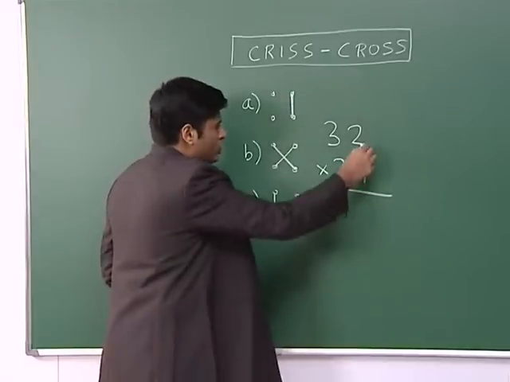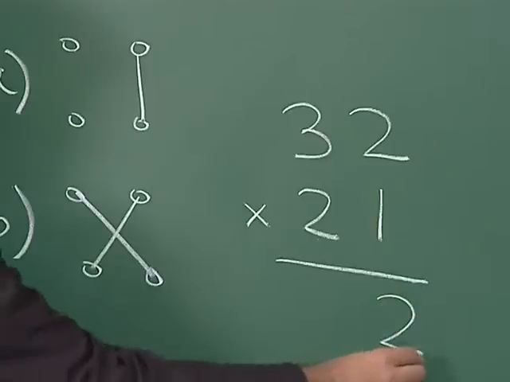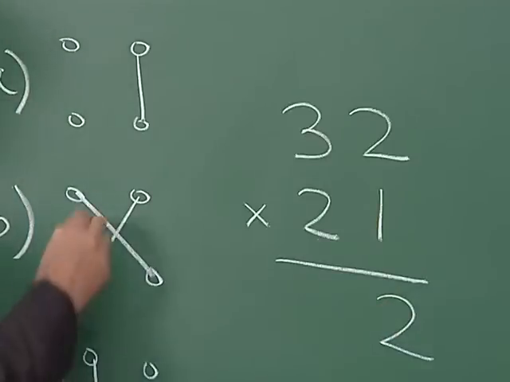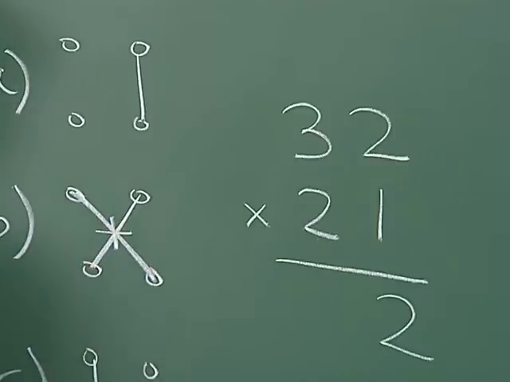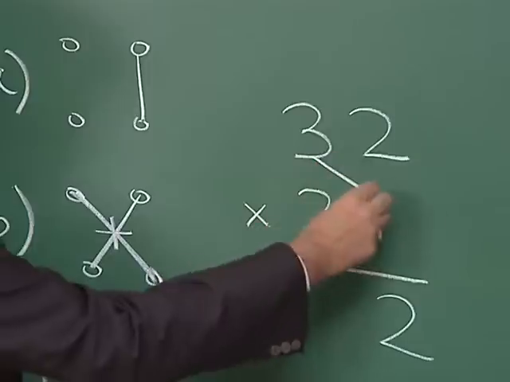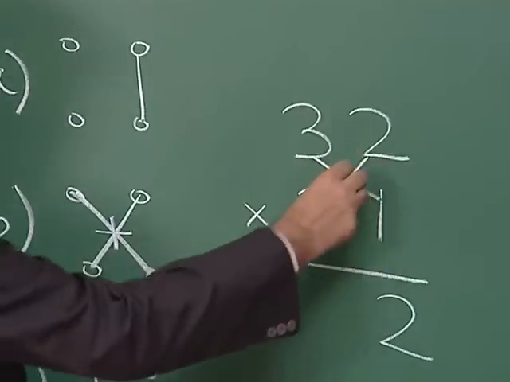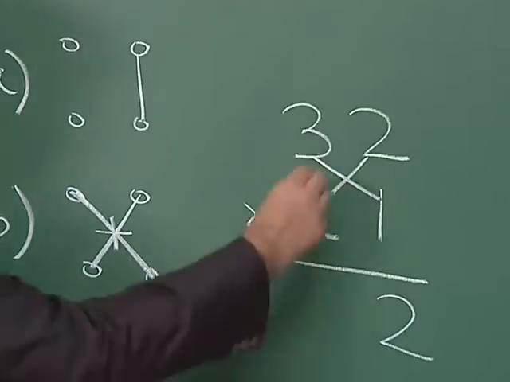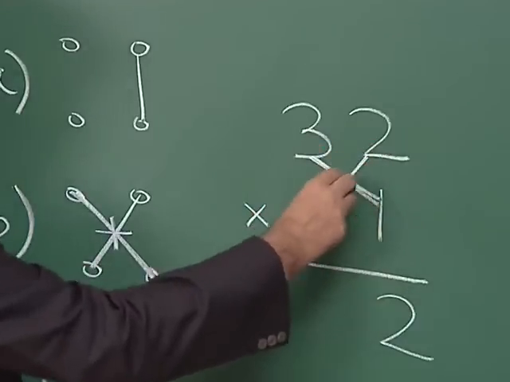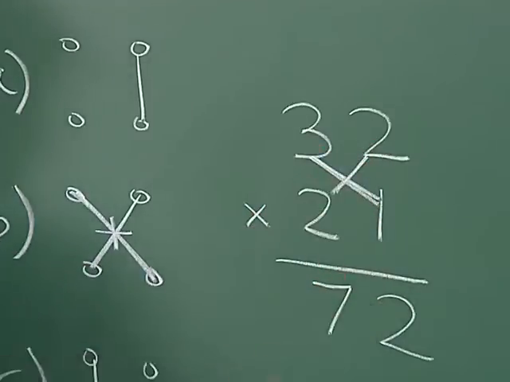We know 2 times 1 is 2. Then we go like this and like this. We will add both the answers. 3 times 1 is 3, keep it in your mind. 2 times 2 is 4. 3 plus 4 gives 7.